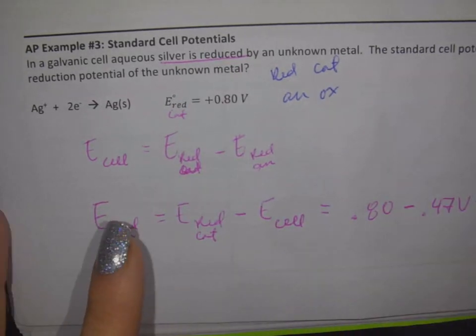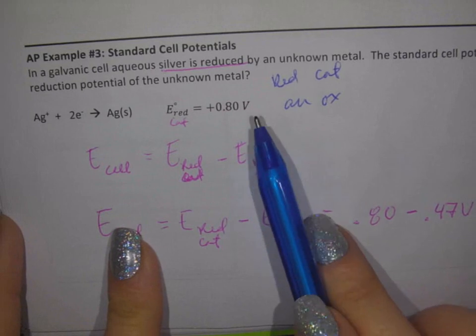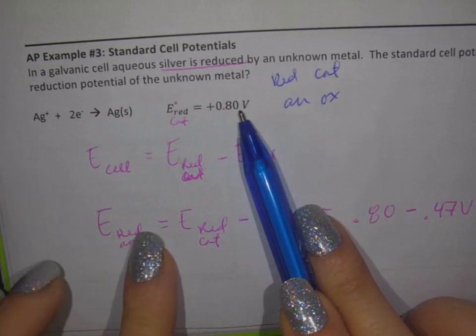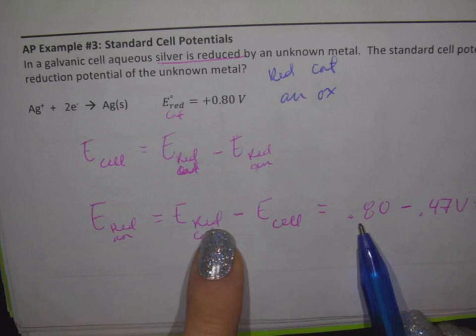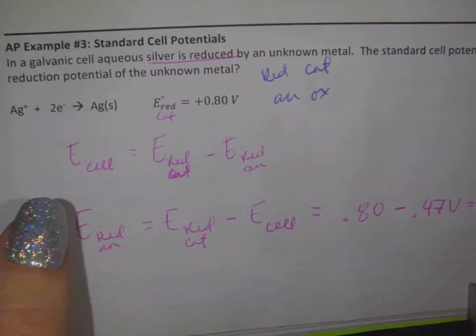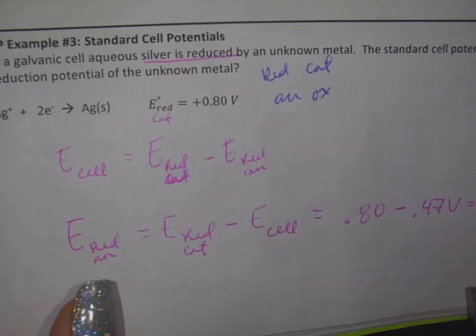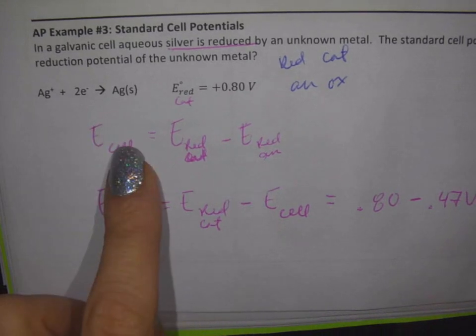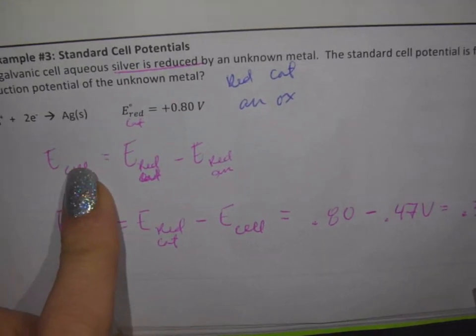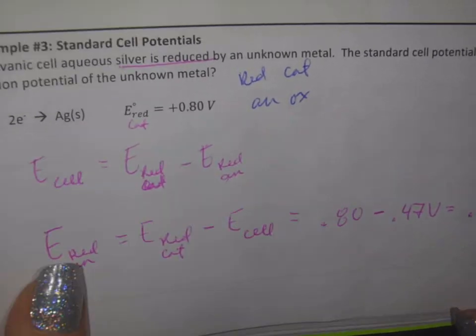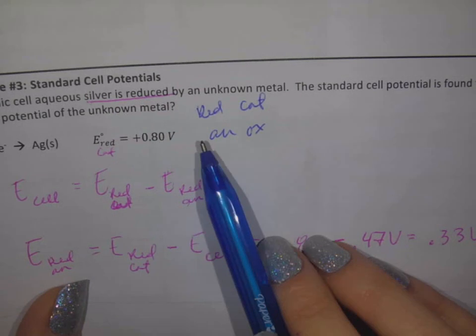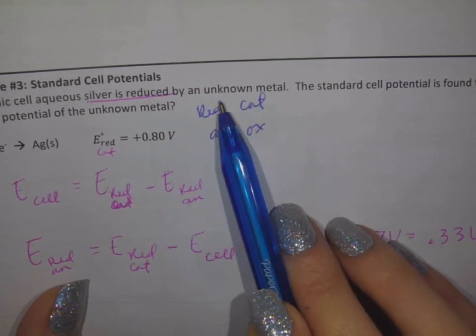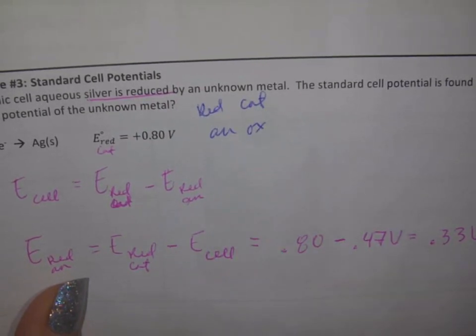Okay? So the 0.80 is going to be the cathode. And we are told that the cell potential, so this E, is equal to 0.47. Wait. Why is it the cathode? Because it reduced. Silver is reduced. Red cat, reduced cathode. Okay?